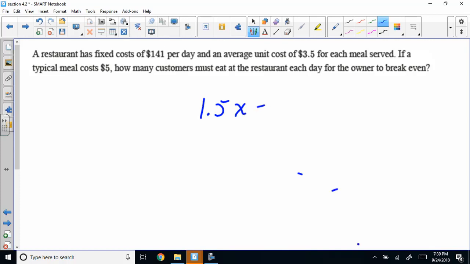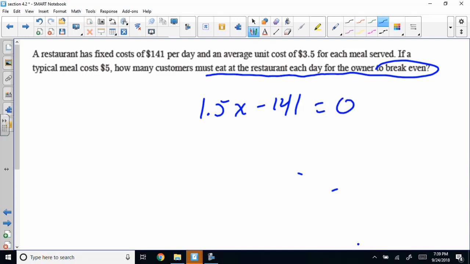Minus 141, right? How many customers must eat at the restaurant to break even? What does that mean, break even? Covers his costs. He's covered the cost to keep the lights on and to be able to say, hey, he's got a business.